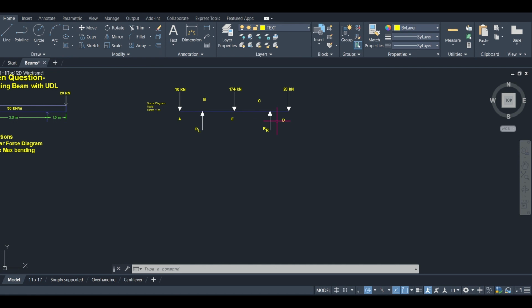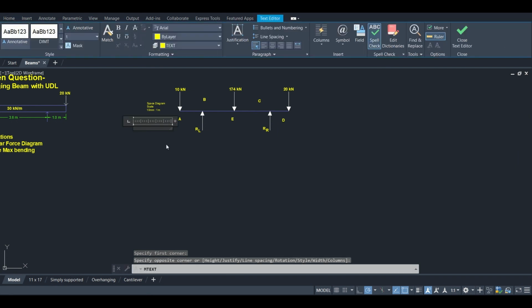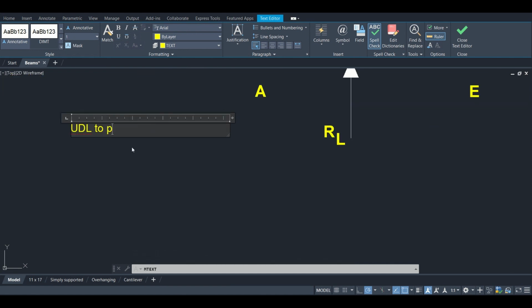And just a little side note in terms of showing how you got your UDL to be converted to a point load of this magnitude, you can simply put that as a little note in your diagram, in your solution. So UDL to point load, you can always create a little formula.